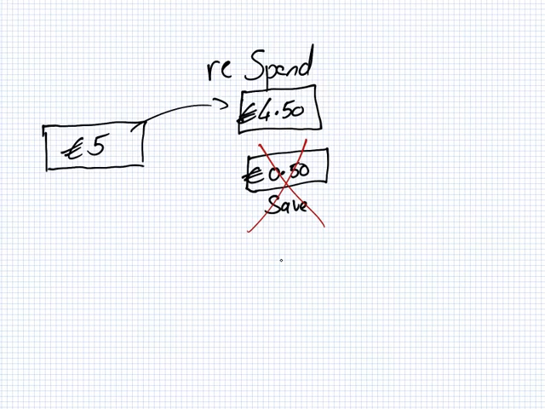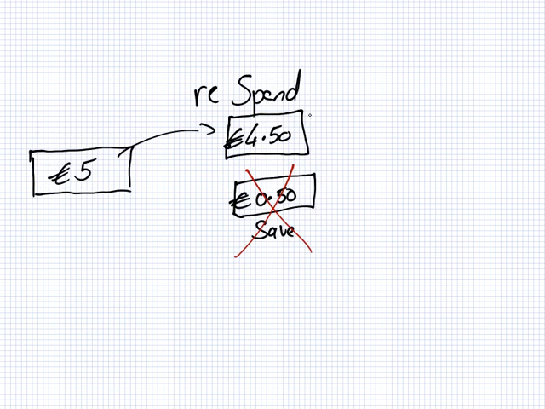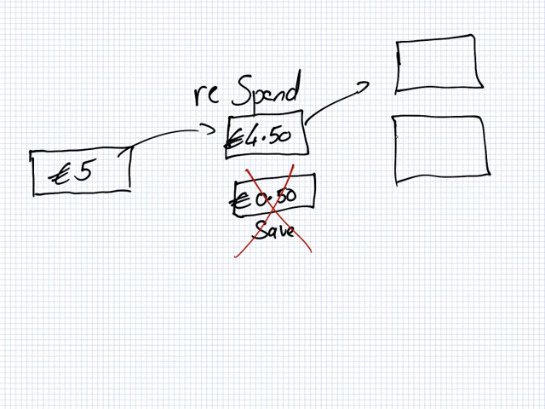So maybe this guy, he then takes his €4.50 and buys a coffee and a cake somewhere. And the same thing happens again. Some of the money gets spent and some of the money gets saved. And again, we'll keep it at 10%. So 10% is 45 cents, isn't it? Yeah. So this time 45 cents gets saved, so it's like it's gone.